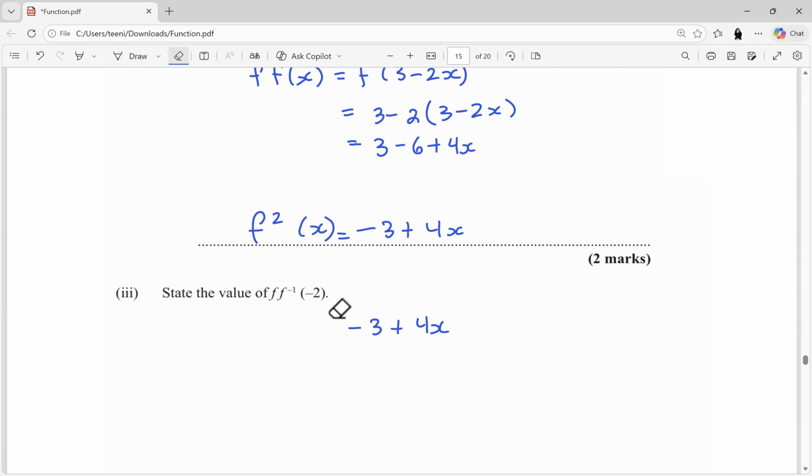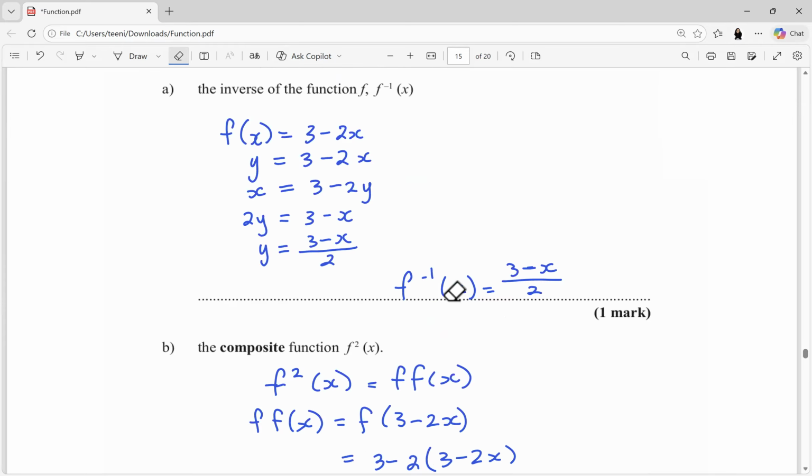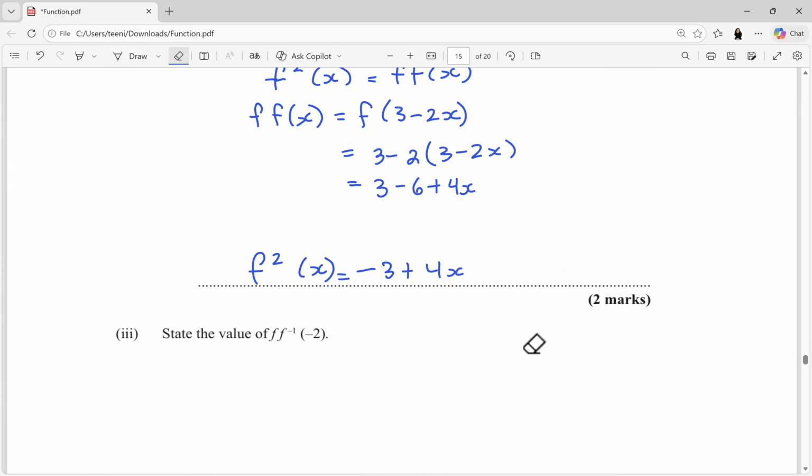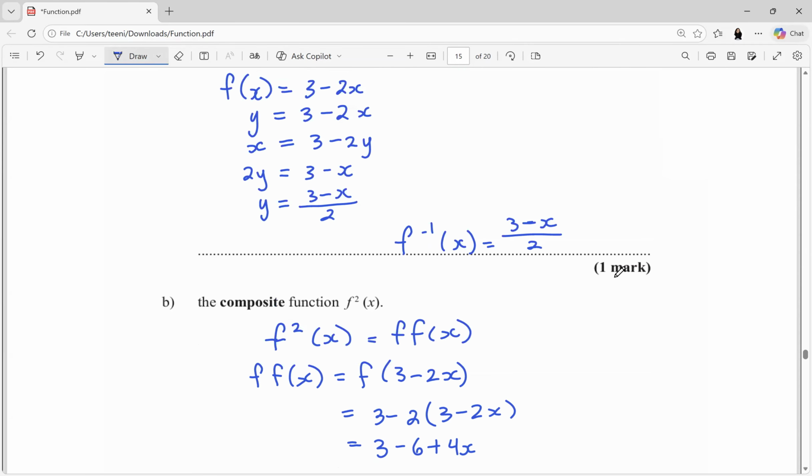To find this one, just like what I said before, find the inside function first and then substitute that into the outside function. We already know what f inverse x is. f inverse x is 3 minus x divided by 2. So to find f inverse of negative 2, let's recall that f inverse x is equal to 3 minus x over 2.